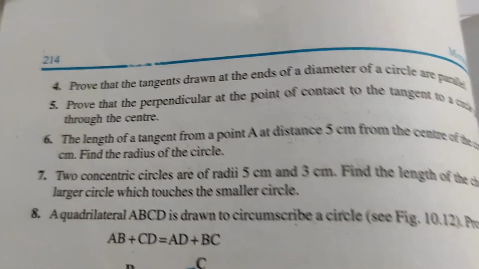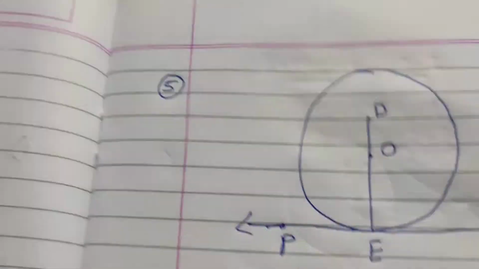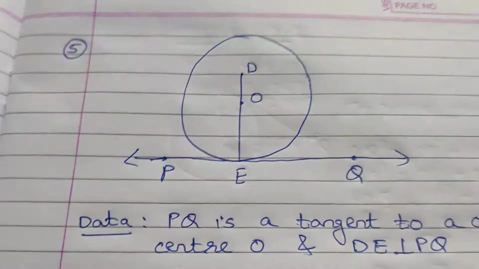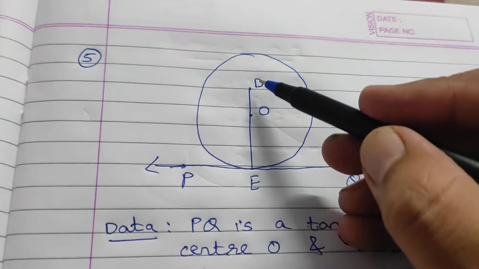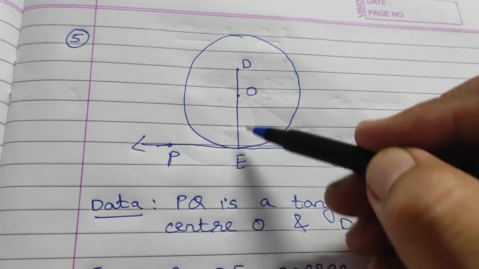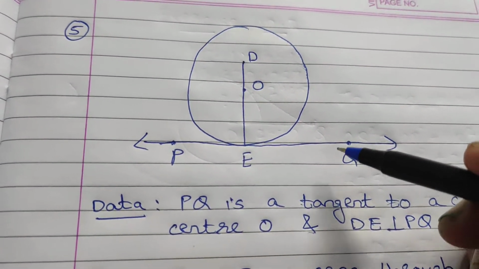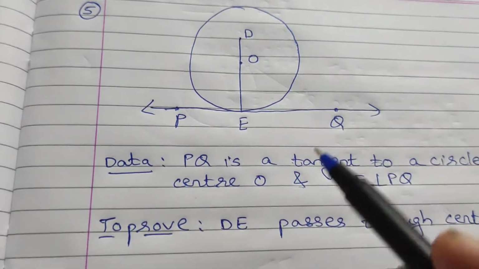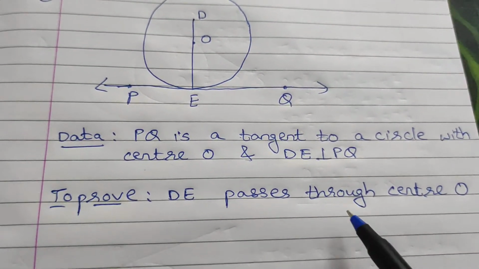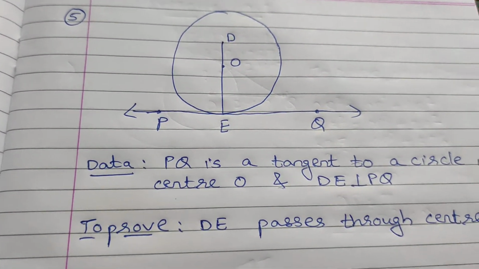So first of all, let's take a circle. So this is a circle with center O and PQ is a tangent. DE is the perpendicular. DE is perpendicular to PQ and we need to prove that DE passes through O. I repeat, we have to prove that DE passes through O and DE is perpendicular to PQ.